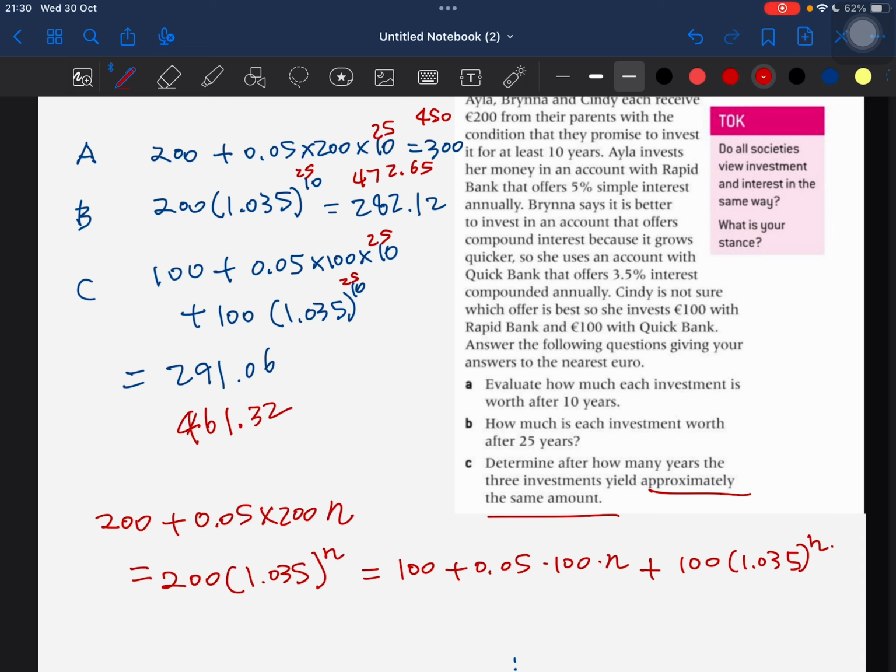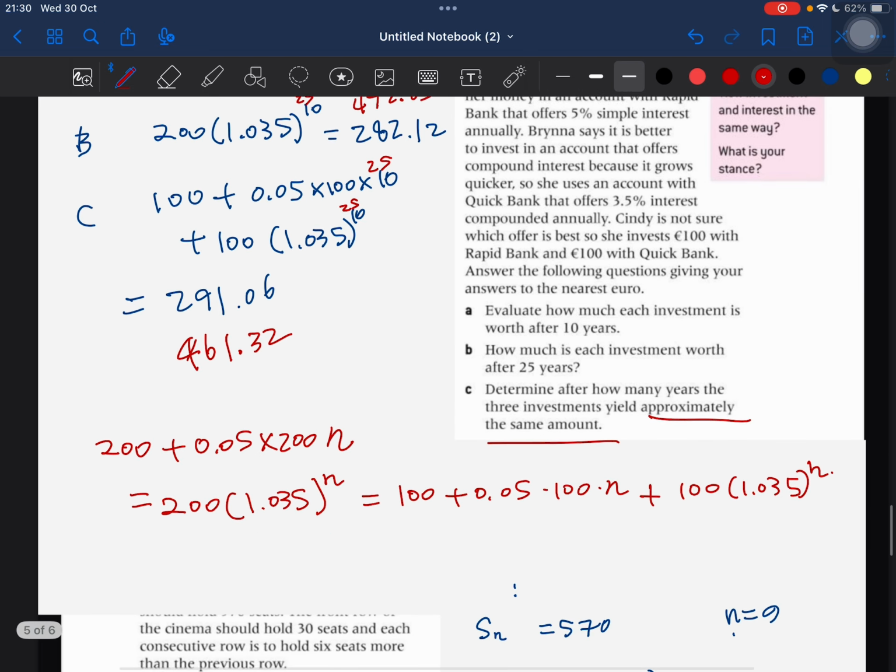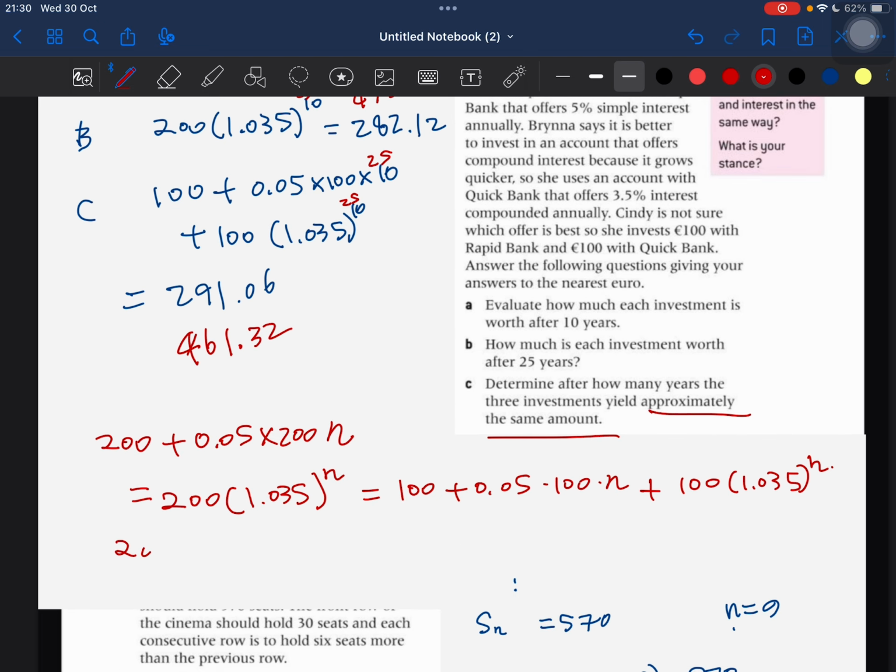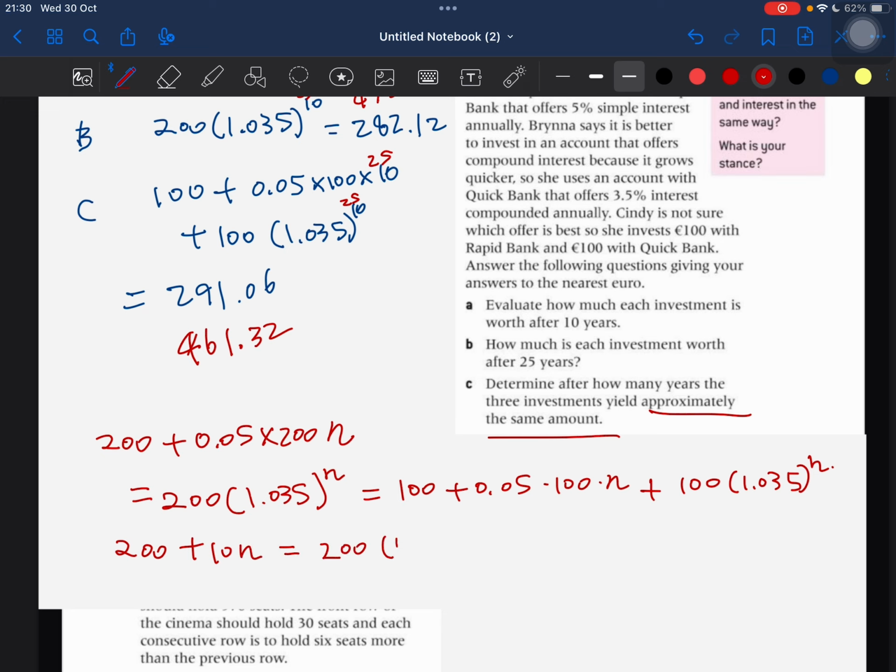So in this case, we can draw the graph to compare them. So 200 plus 10n, because it becomes 200, 1.035^n, 100 plus 5n, plus 100, 1.035 to the power of n.